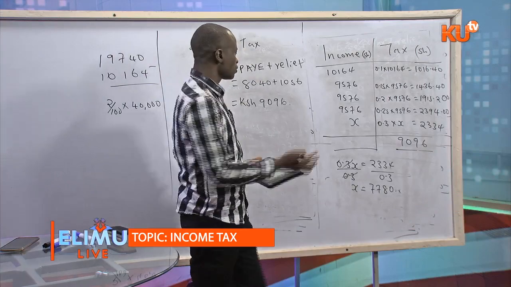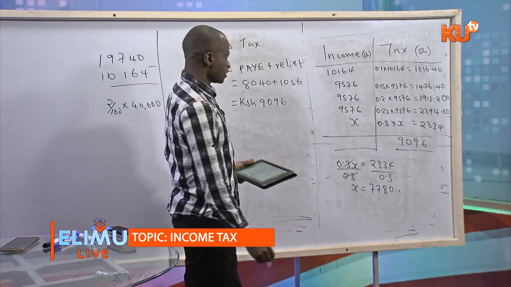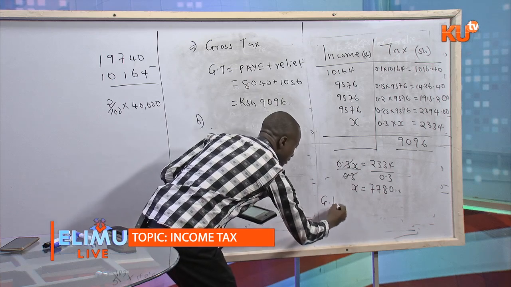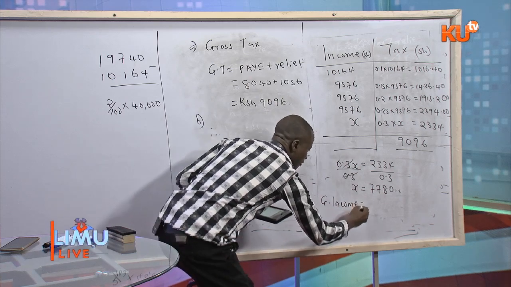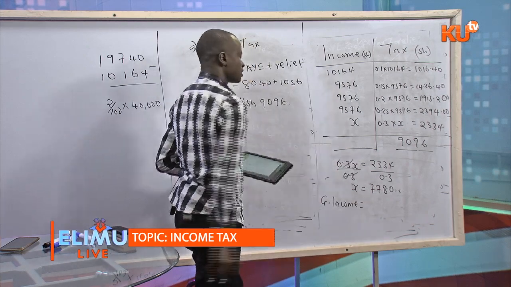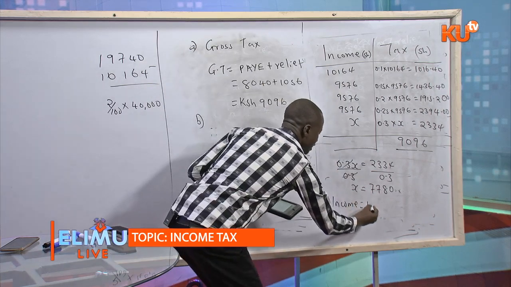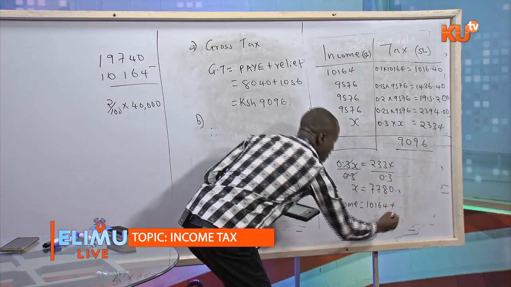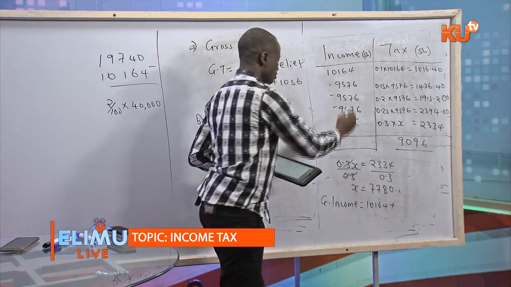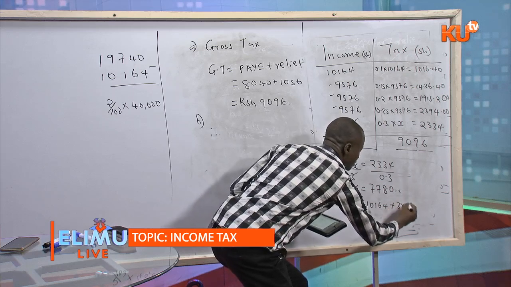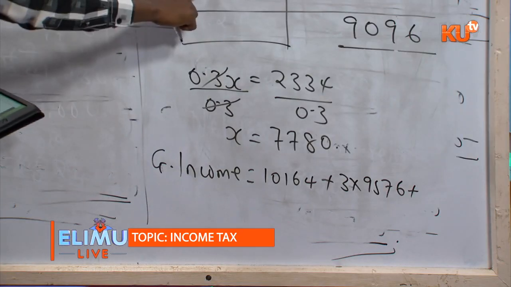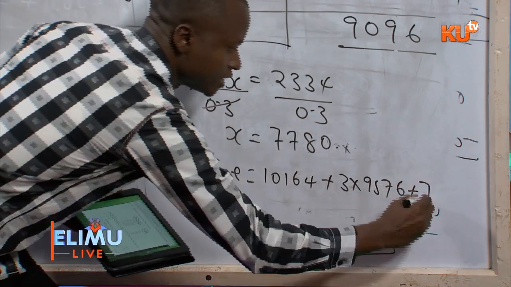No one even asked us what we are supposed to tax here. So therefore, what is our gross income? Our gross income will be the total of all this plus this plus this plus this, plus the value of x. So that will be 10,164 plus 3 times 9576 plus x, and our x is 7780.